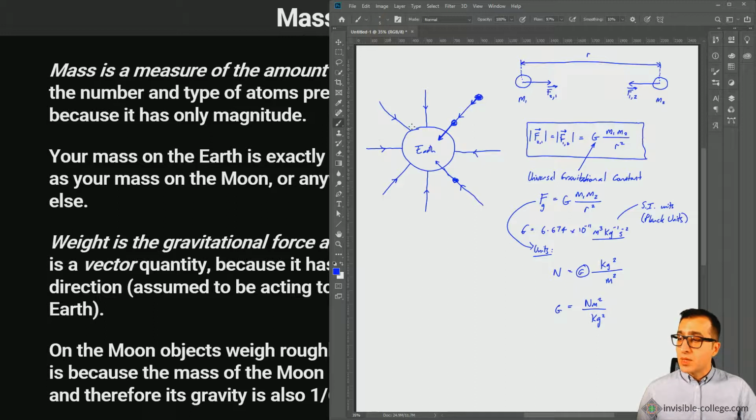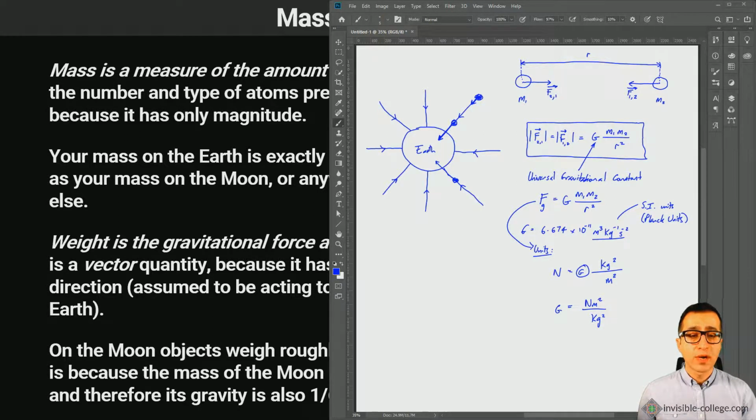However, this has certain consequences, and we can simplify things a little bit to understand why the force of gravity acting on an object near the surface of the Earth is usually given as 9.8 meters per second squared. The gravitational acceleration is given as 9.8 meters per second squared, and the gravitational field strength near the surface of the Earth is given as 9.8 newtons per kilogram. So let's take a look at that now.